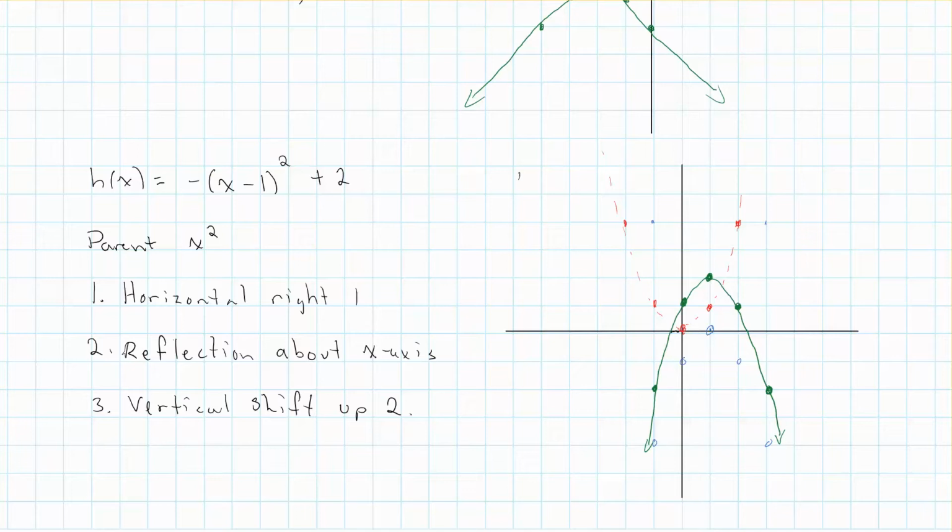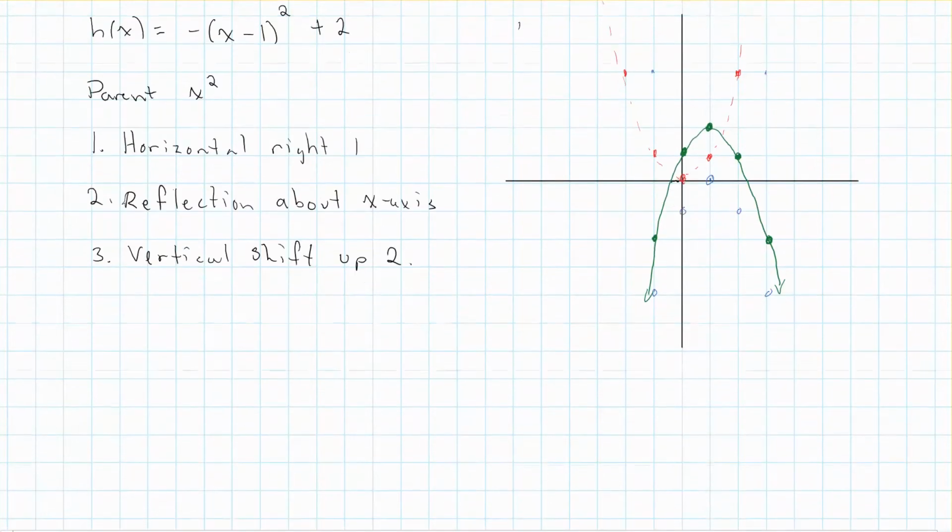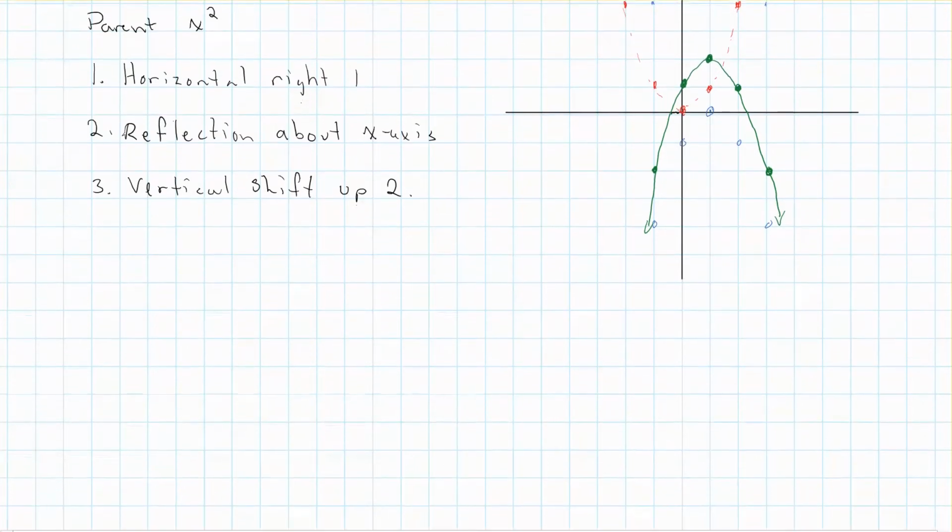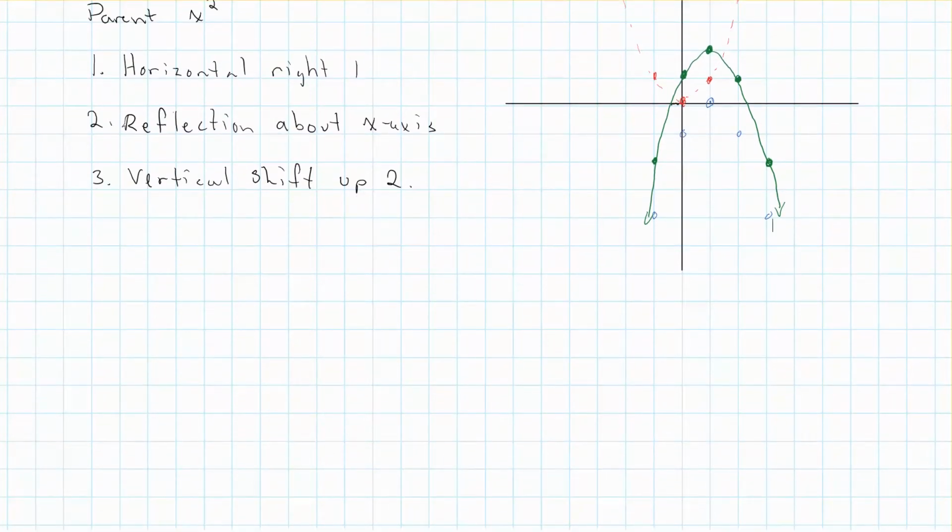Now, we do have to be careful, as I said, depending on the order of operations here. And I want to do that by doing another quick example of this one. And then we'll do an example with a reflection across the y-axis. So I'm going to make one change here, and I'm going to write this as h of x is equal to negative bracket x minus 2 quantity squared plus 2. Or not plus 2, what was it?